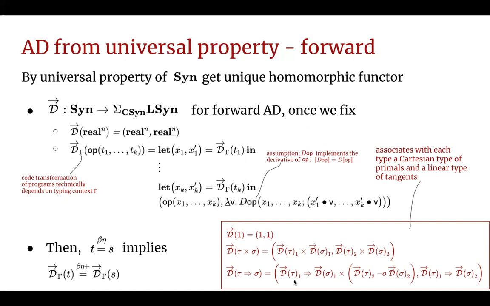We split up the derivative with respect to the function arguments from the derivative with respect to the context variables. Put one in the primal type and the other one in the type of tangent vectors. So in particular, the type of tangent vector is going to be a linear type. The type of primals is going to be a Cartesian type. And I'm not giving the formulas for co-products here because they introduce type dependency. So the formulas would look a little bit more complicated.